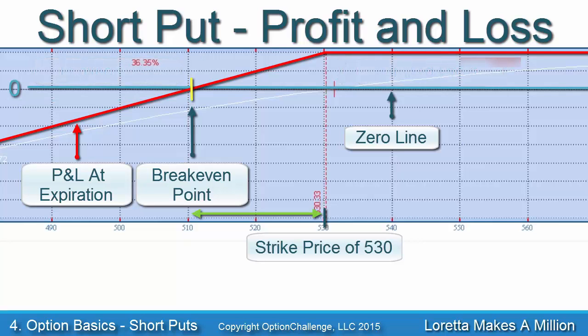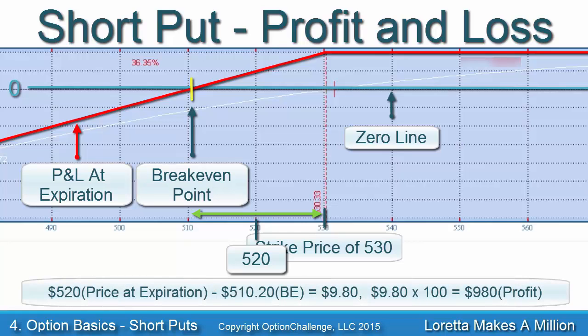What if the price of Google ends up between the strike and break-even point? The seller of the short put will have a profit, but not a maximum profit. For example, if Google ends up at $520 at expiration, then you will have a profit of $980.